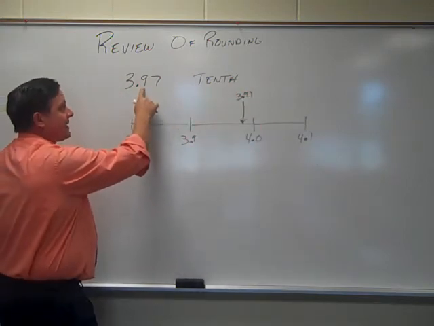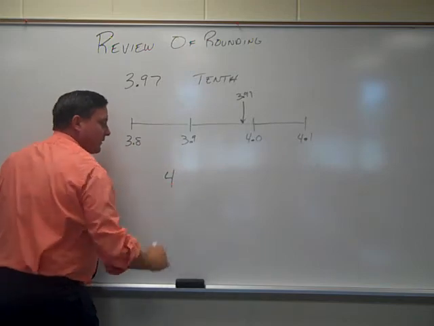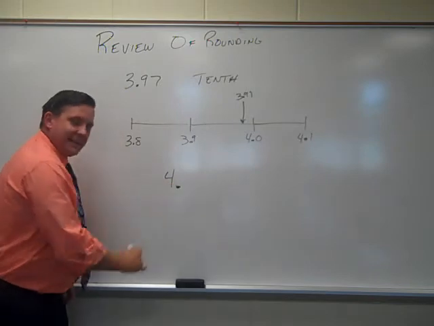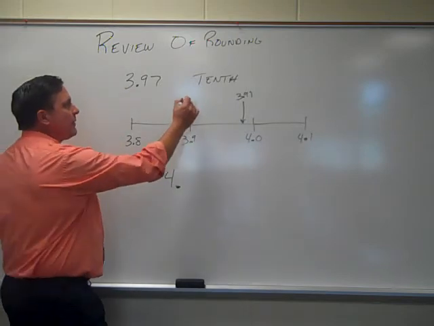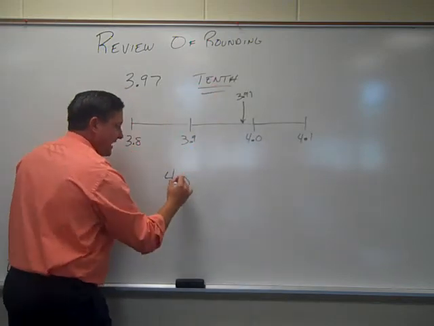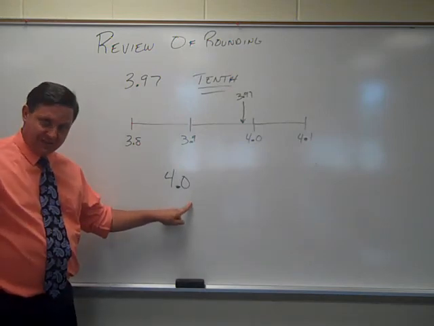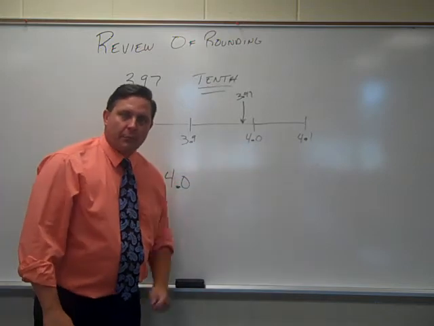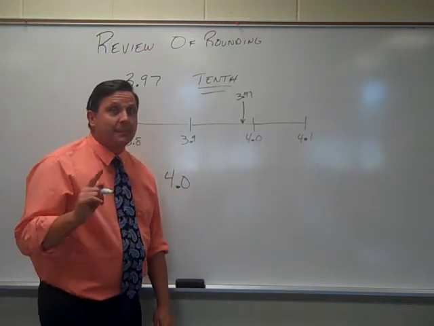The 7 makes the 9 into 10. But I got to be clear, this is incorrect. That is incorrect. We said we wanted to go to the 10th, so the 10th needs a value placed in it. So in this case, the answer isn't 4, it's 4.0, and it's a big deal.